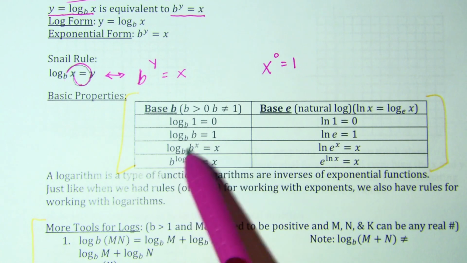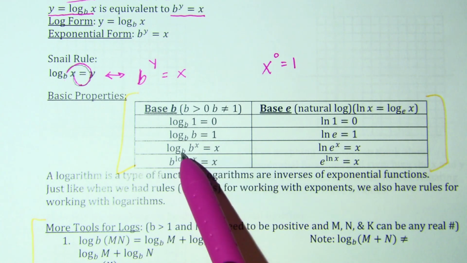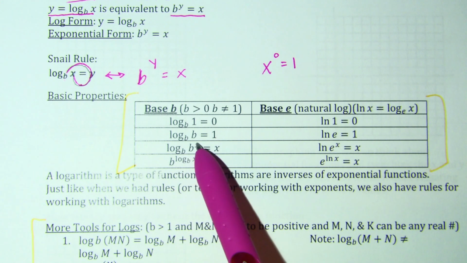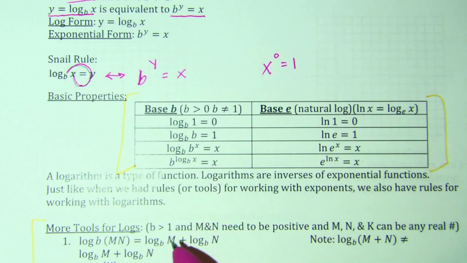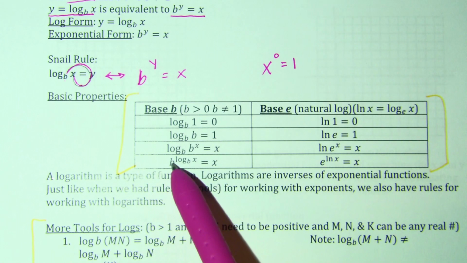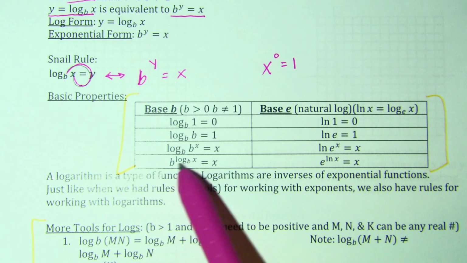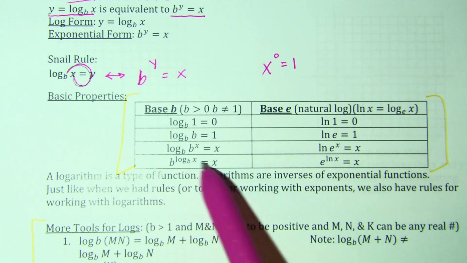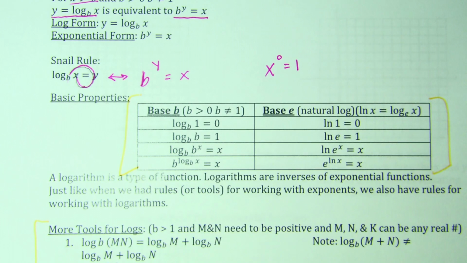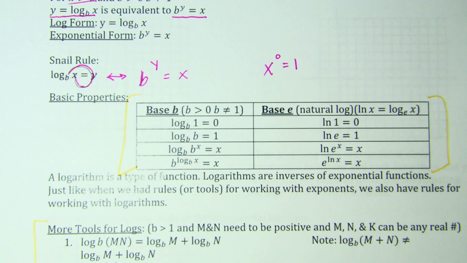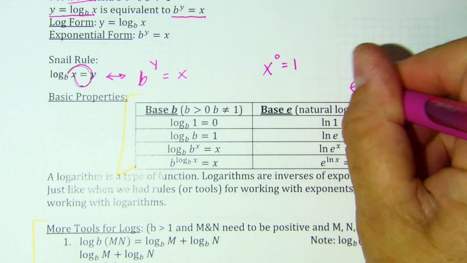If I have log base b of b, again, these two numbers are the same, but this has a power on it, it will be equal to whatever that power is. And then if I have b, and in the exponent I have a logarithm, and the base of that logarithm is the same as this base, then that whole expression is just equal to whatever we were taking the logarithm of.